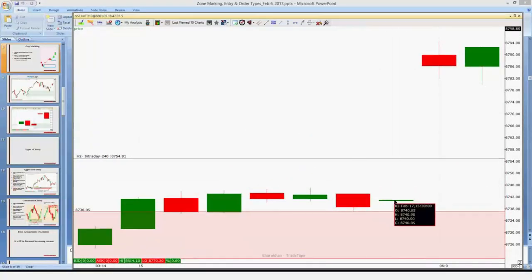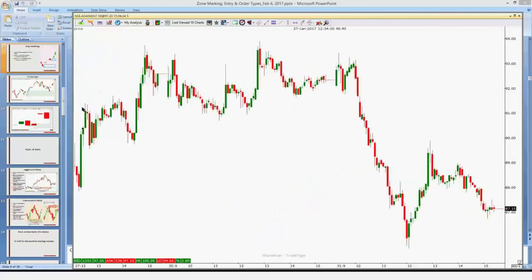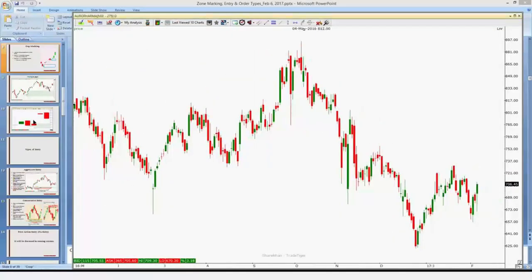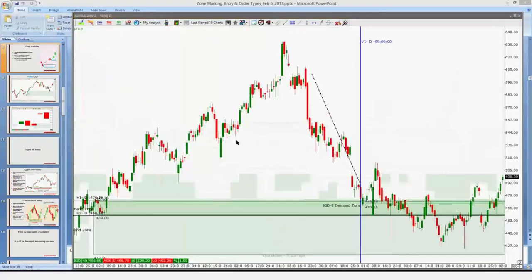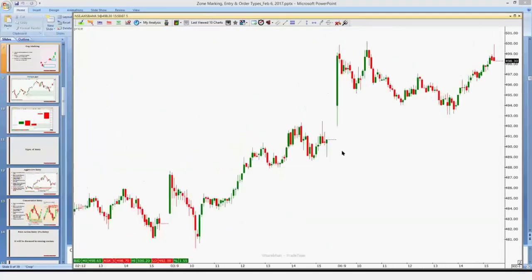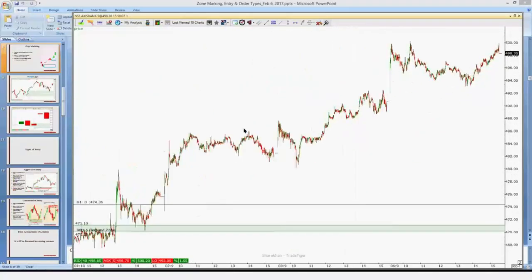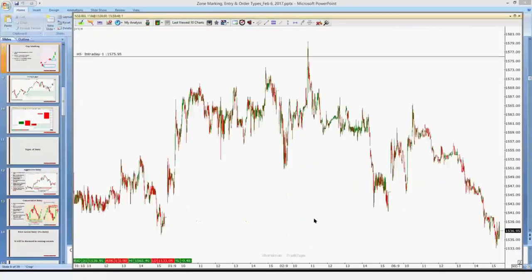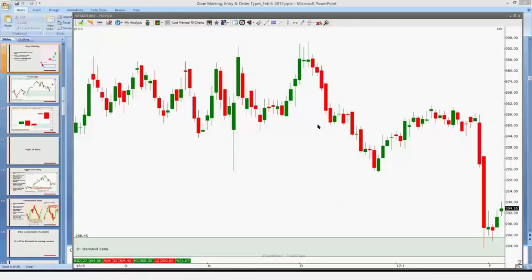Can you see this? The risk was initially almost 12 to 13 rupees. Now here it is just 5 rupees, so the risk decreased by almost 8 rupees. If you are looking for a 3:1 trade or a 5:1 trade, you'll get that target very quickly in body to wick style of marking.